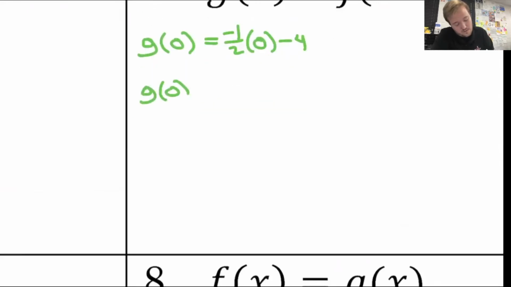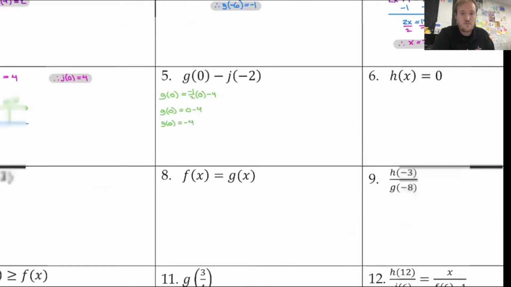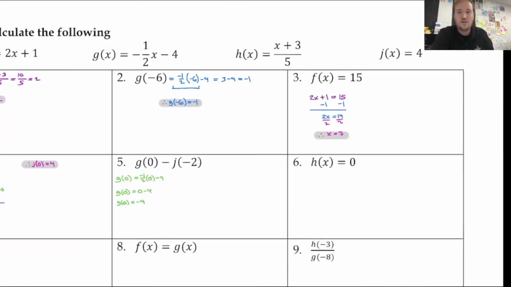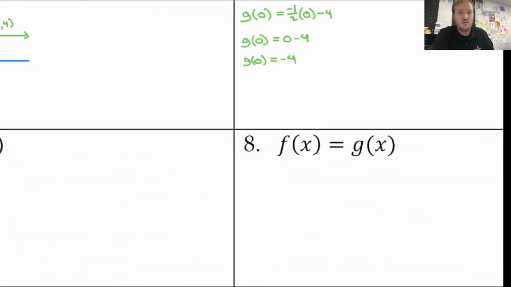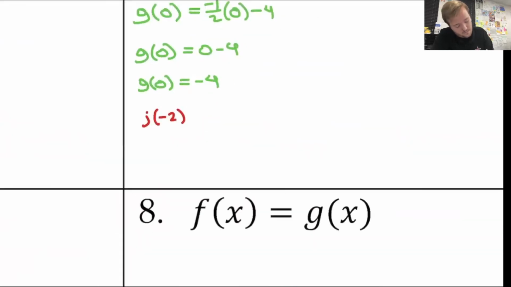So g of 0 equals 0 minus 4, so g of 0 is equal to -4. And just as mentioned before, with j, it's always just +4. So j of -2 is just equal to 4.